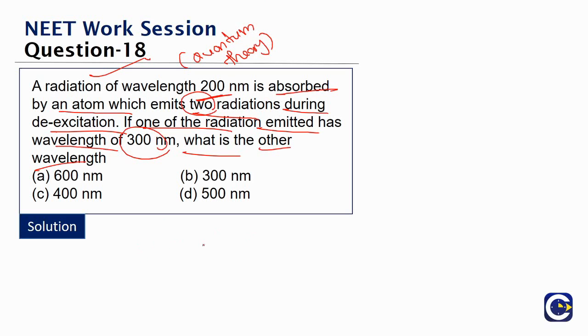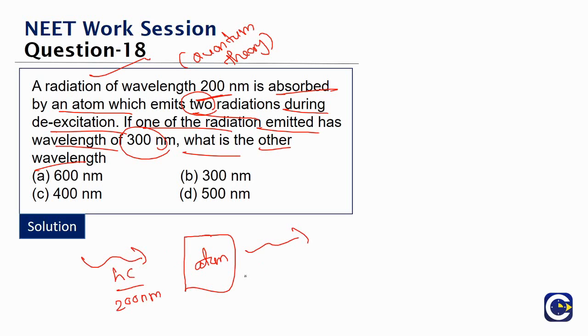So an atom is absorbing a particular radiation of wavelength 200 nanometer. The energy it is absorbing is hc by lambda, which is hc by 200 nanometer. That is the energy absorbed. De-excitation gives the energy out in 2 radiations. One of them has wavelength 300, so hc by 300 nanometer.